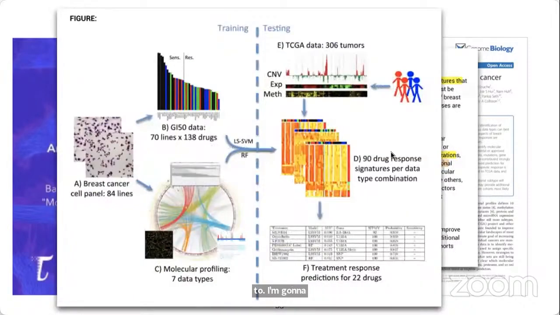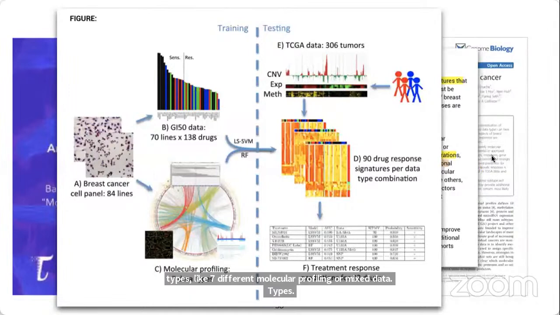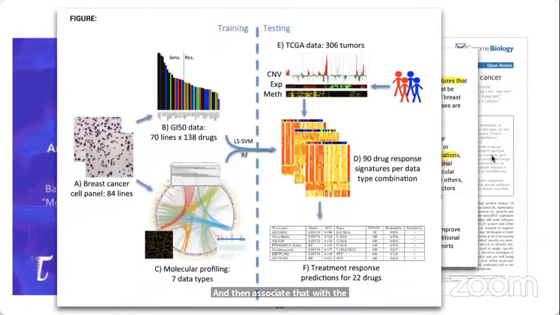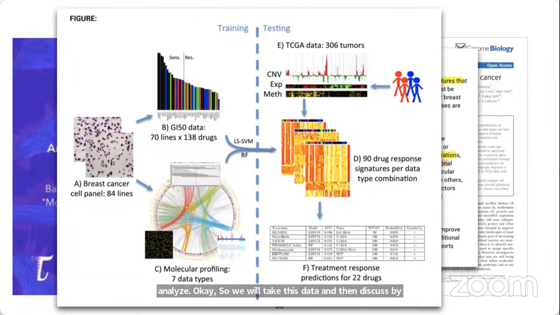In this specific publication, they have used a lot of omics data types, like 7 different molecular profiling omics data types, and then associated that with the treatment response data in terms of IC50 values, and then performed multi-omics data integration in order to study treatment responses for several of the patients that they analyzed. So we will take this data and discuss it by building up the levels of complexity and increasing the integration of different omics data types, in order to first understand the patterns of the omics data, or structured data, at its simplest level.